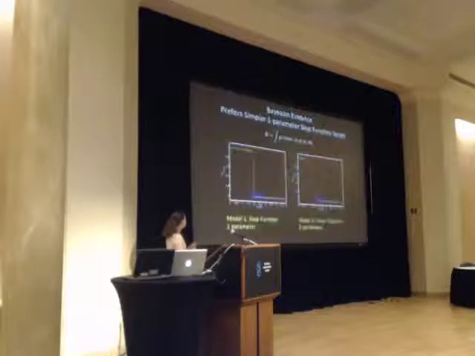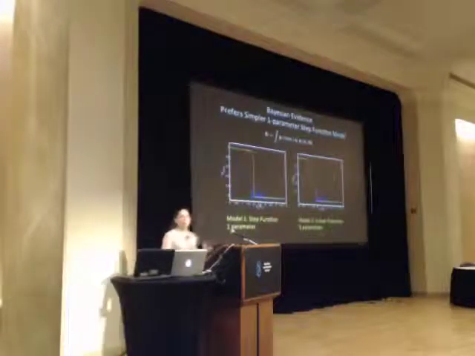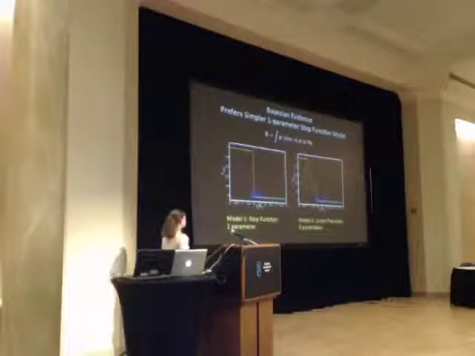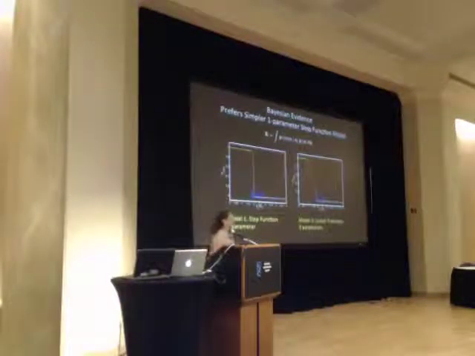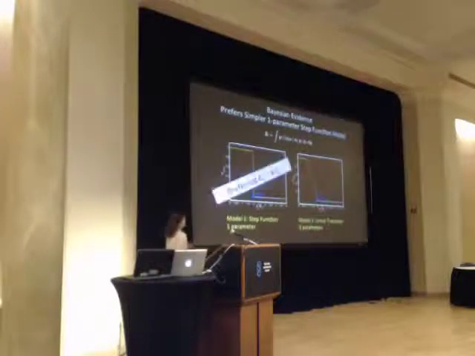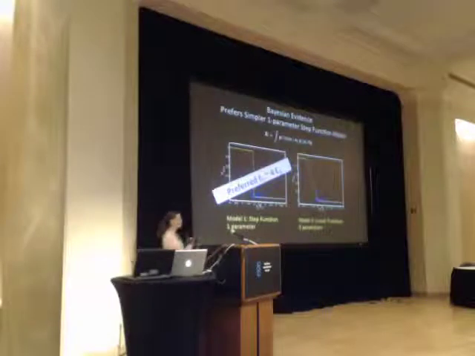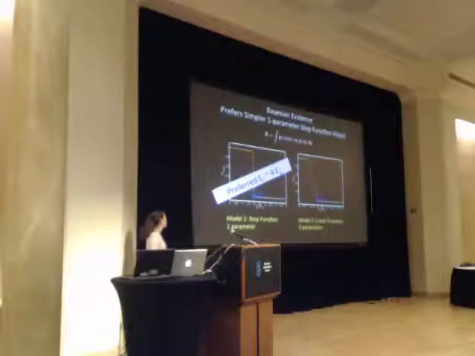Okay, and then we can compare these two models using Bayesian evidence to see which is preferred by the data. And it turns out that the simple step function is preferred. This Bayesian evidence criterion includes an Occam's razor that penalizes models that are more complex, with more parameters.